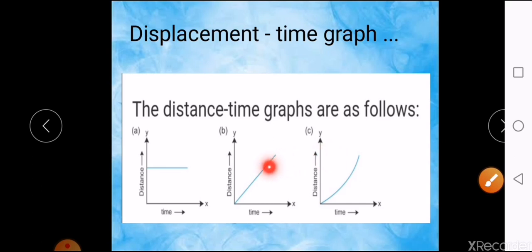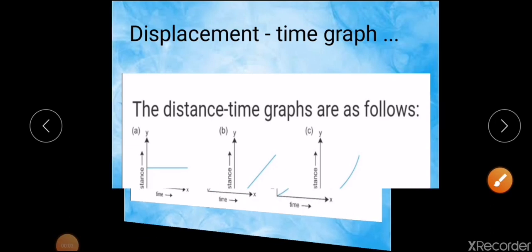Each slope you calculate at different points will give you some velocity values. If a displacement time graph or a distance time graph is given, you calculate the velocities at different points, taking time uniformly, and you can make your velocity time graph from the given displacement time graph. So these are the main conclusions out of your displacement time graph.